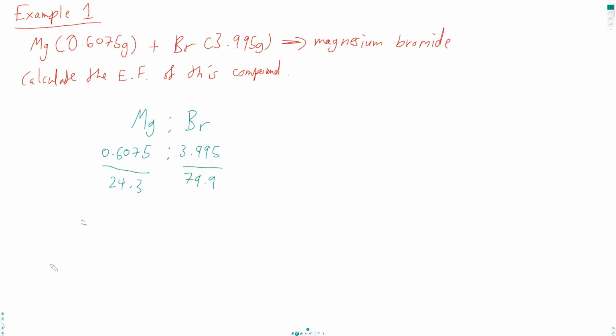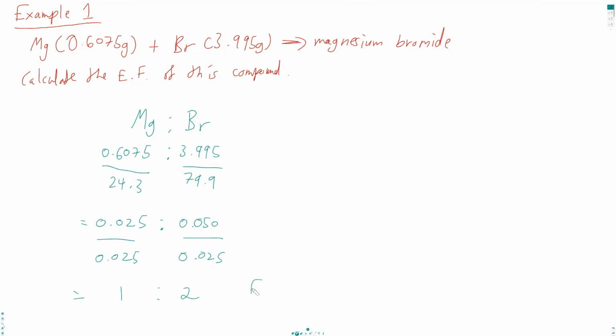So if you divide that on your calculator, they've given the answer here. That should give you an answer of 0.025 and 0.050, and then you divide both of these by the smallest number, 0.025, and that gives you 1 and 2.